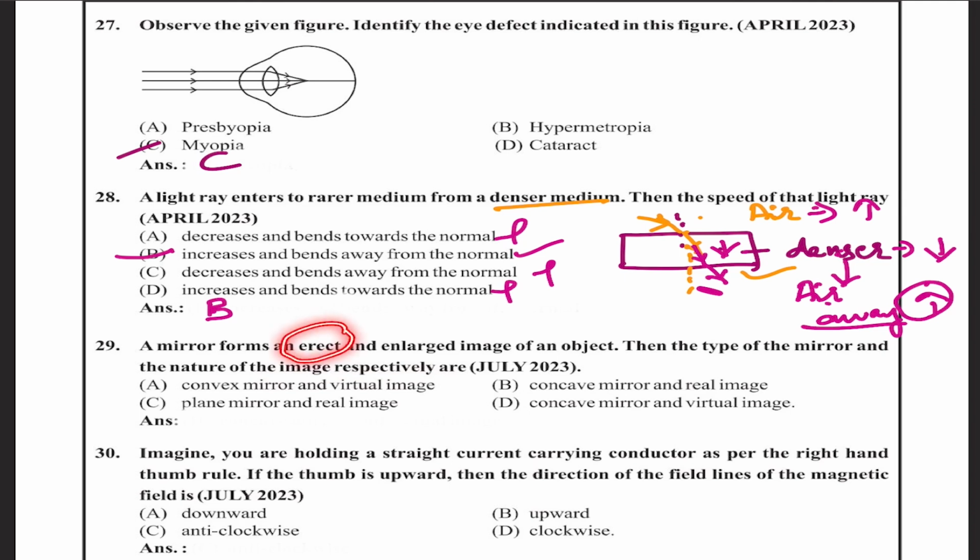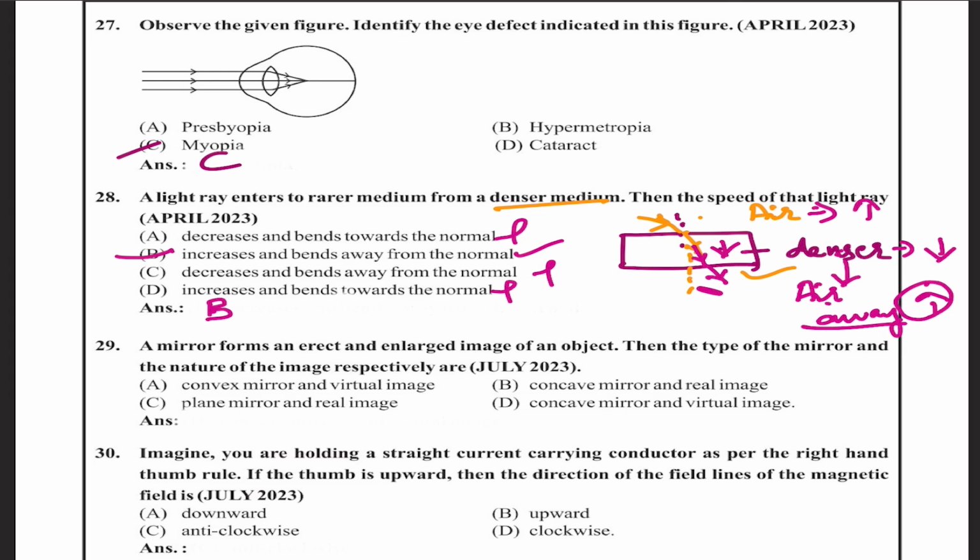If the image is erect, definitely it will be virtual, and since the image is enlarged, it is very clear that it is a concave mirror, because in a convex mirror we will be having a diminished image.